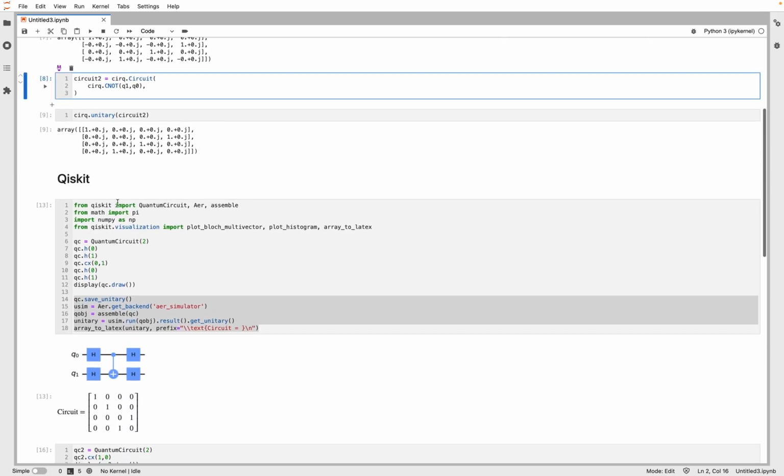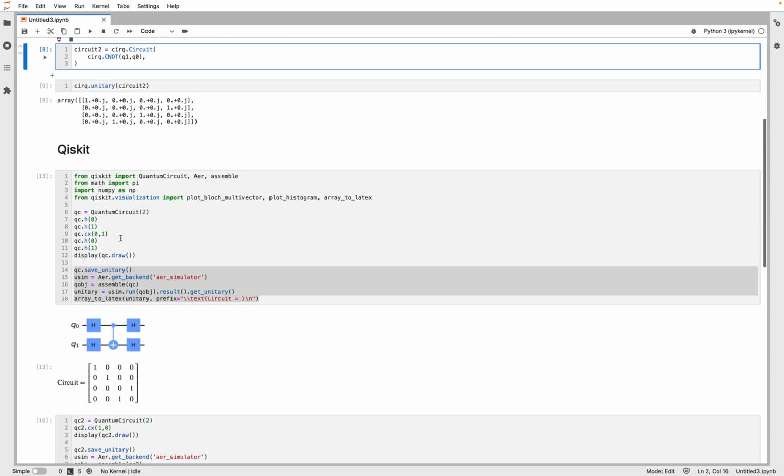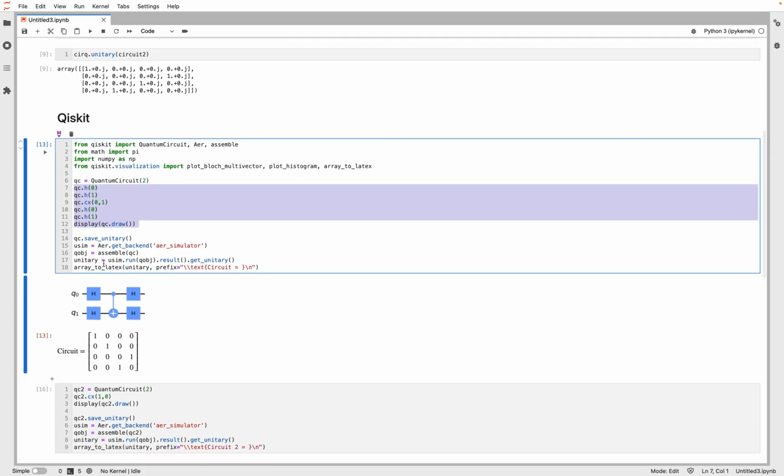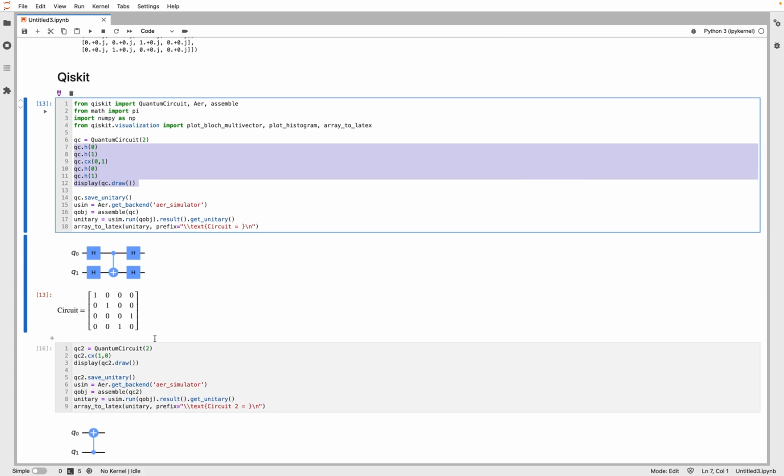And this can be also implemented in Qiskit. So we import the Qiskit library, we construct the circuit, and this is how the circuit looks like, and we print out the unitary matrix.